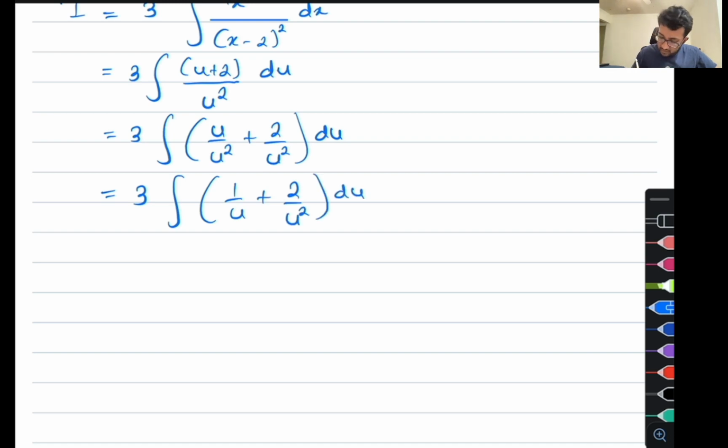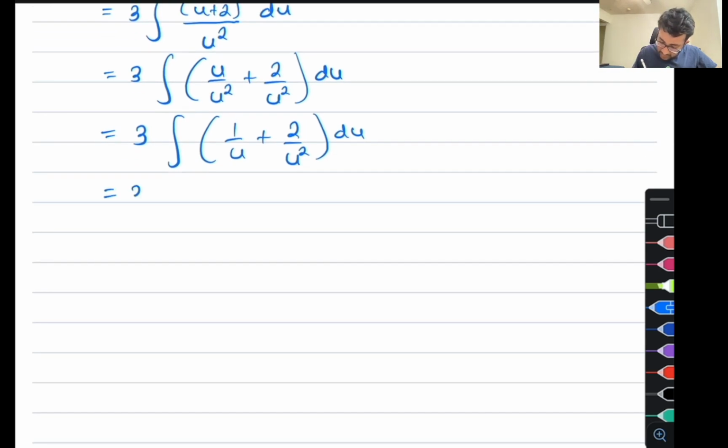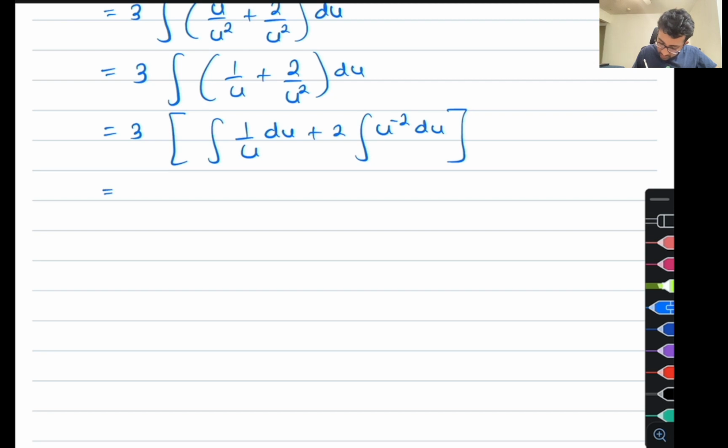Now I can decompose this integral into two integrals: the integral of 1 over u du plus 2 times the integral of u to the power negative 2 du. Now what is the integral of 1 over u? That is ln u, one of our basic integrals. So what is the integral of u to the power negative 2?